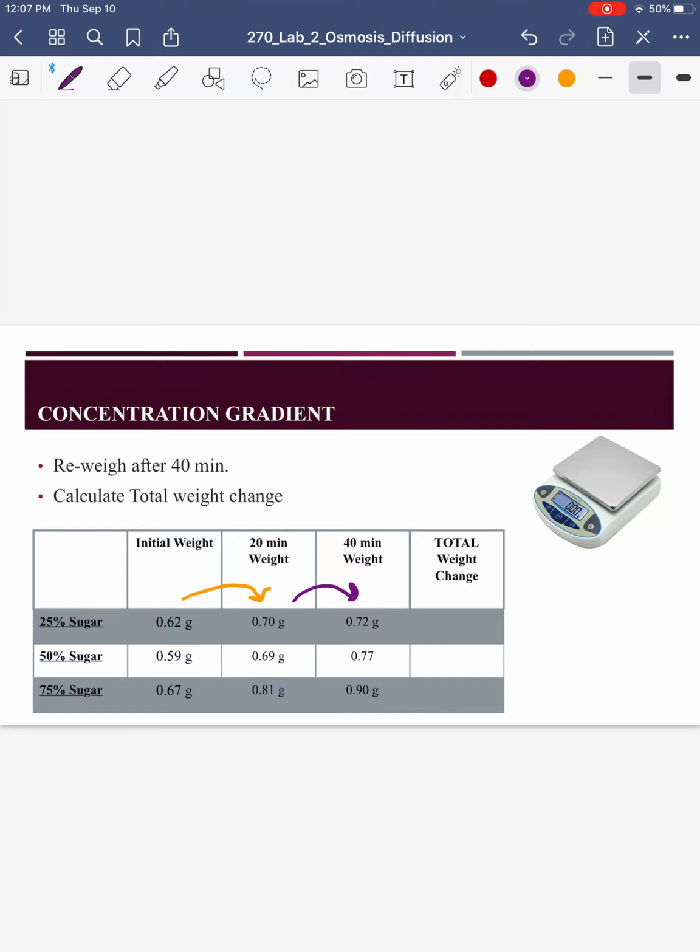What happened to the rate of diffusion in these 2 time blocks? And of course, the answer would be based off of the degree to which there was a concentration gradient. The last thing you'll do is you're going to calculate the total weight change. So you would take the highest weight out of all 3 times, highest weight minus the lowest weight.